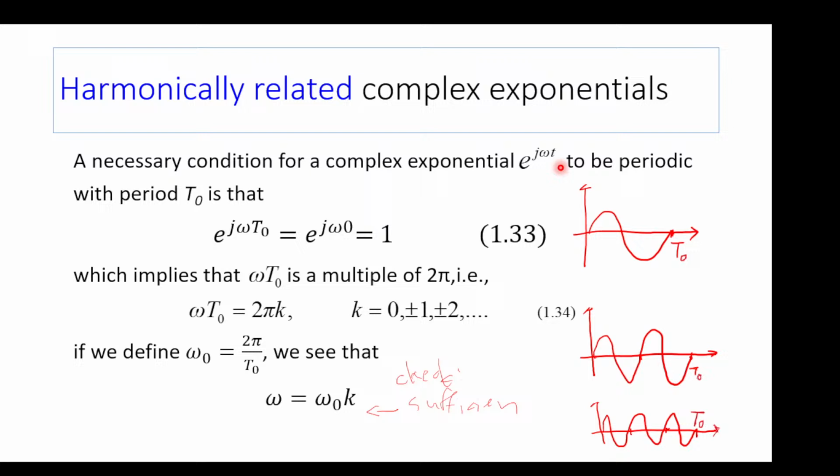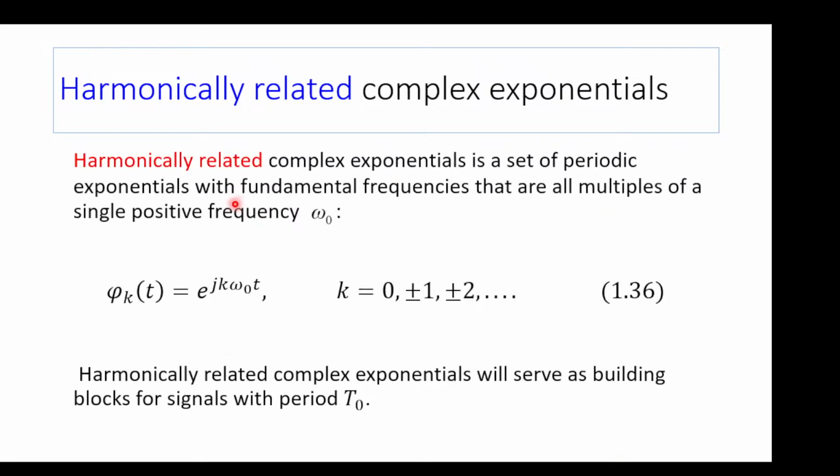I guess we assume c equals 1 here. When we talk about harmonically related complex exponentials, we have c equal to 1, and later we have a linear combination of them. But anyway, harmonically related complex exponentials are a set of periodic exponentials with fundamental frequencies that are multiples of this omega naught.